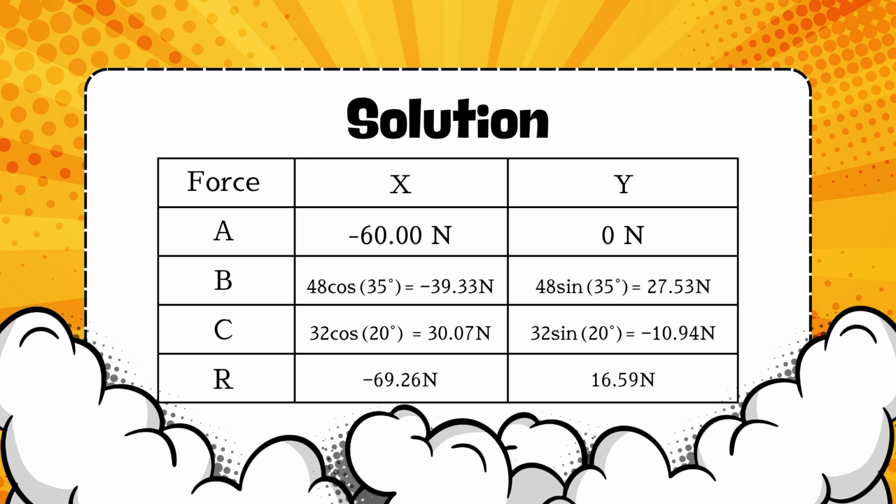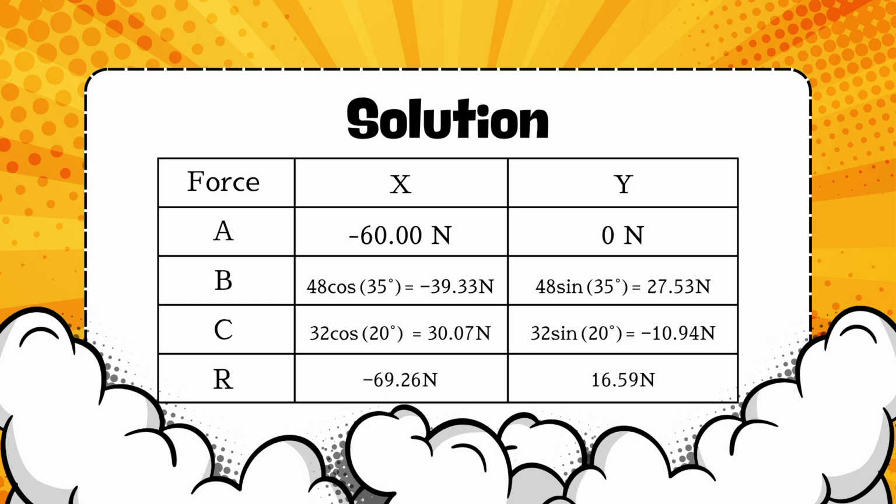For force B, we use trigonometric relationships, the SOHCAHTOA. Cosine gives us the adjacent side, or the x component, and sine gives the opposite side, or the y component. So if we look at the figure, we are missing the adjacent and the opposite side. To look for the adjacent side, or B sub x, we will use cosine. So cosine theta is equal to adjacent over the hypotenuse.